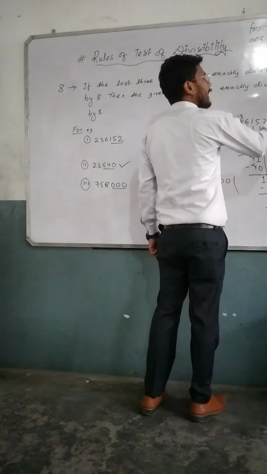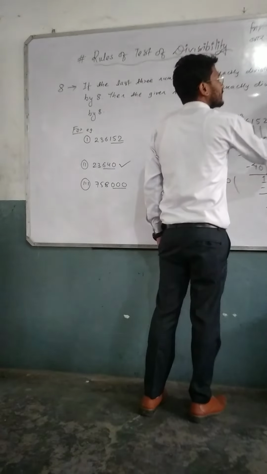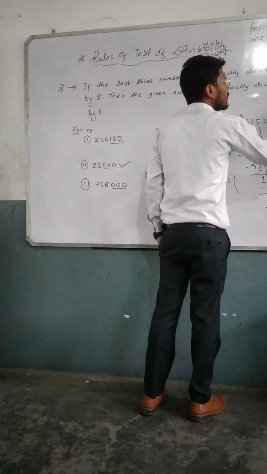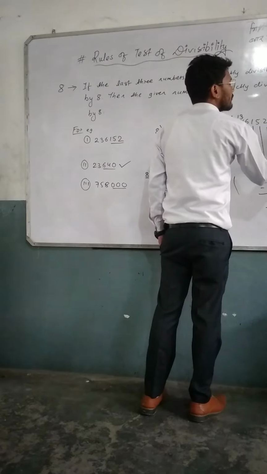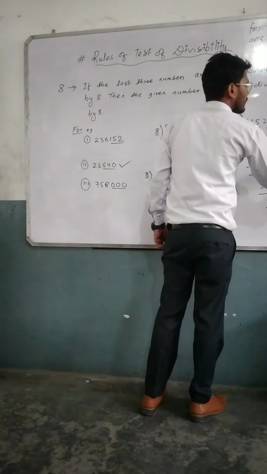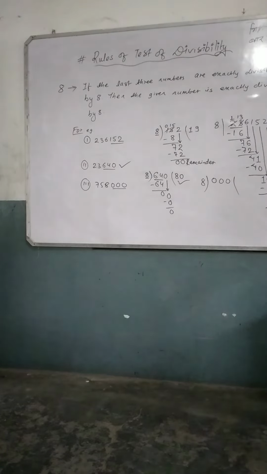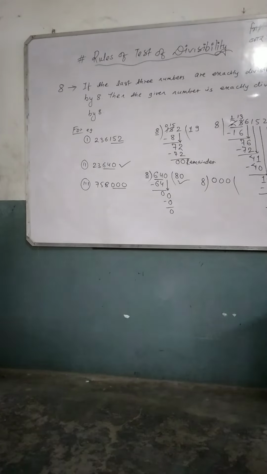If you multiply any number by 0, 1 into 0 is 0, 2 into 0 is 0, 3 into 0, 4 into 0, 5 into 0, 6 into 0, 7 into 0, 8 into 0, all 0. That means when we multiply any number by 0, as a result we will get 0 only.